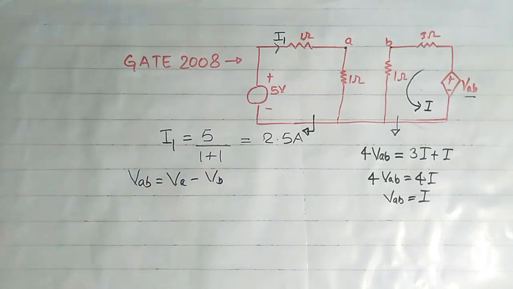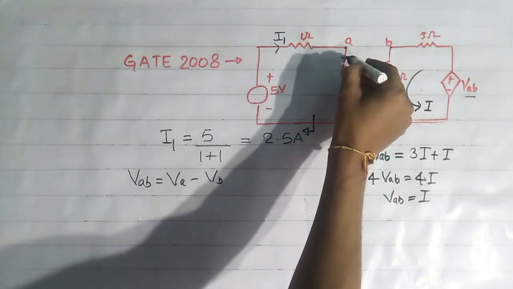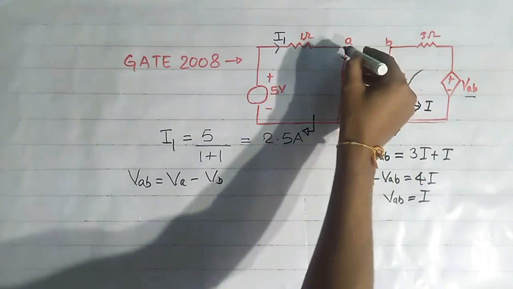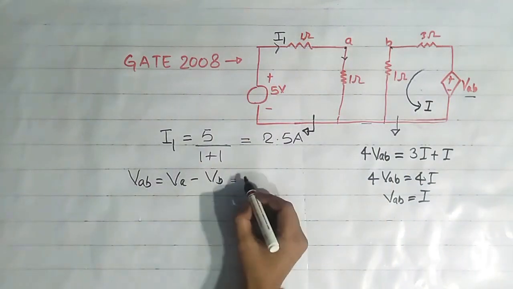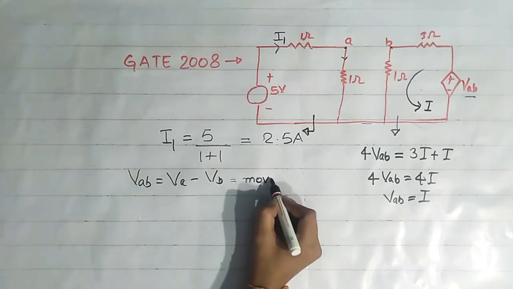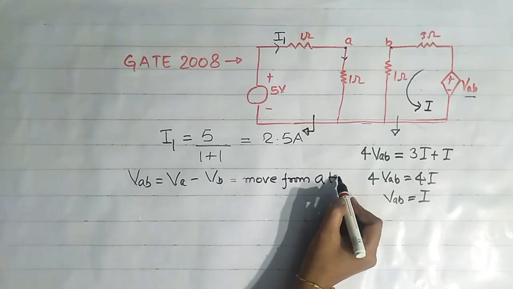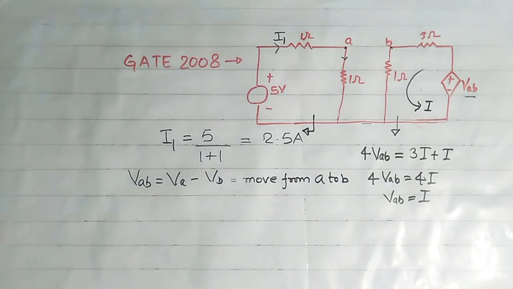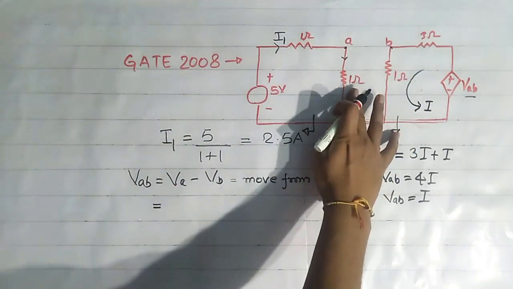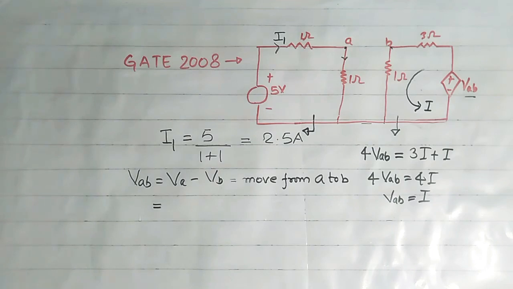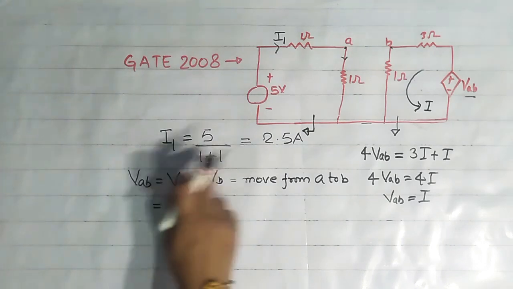Now to find VAB we can apply KVL in this path, that is A to B. So VAB means VA minus VB, and we have to move from A to B while applying the KVL. On moving, first this 1 ohm resistance is encountered, and the current through this 1 ohm resistance is I1, which is equal to 2.5 ampere.